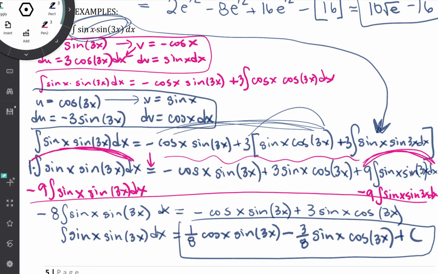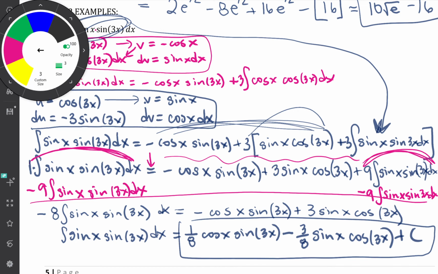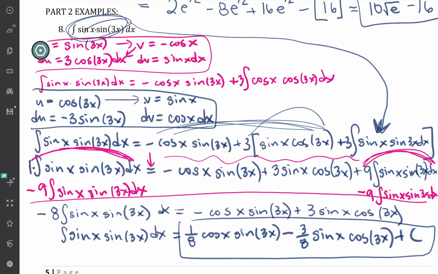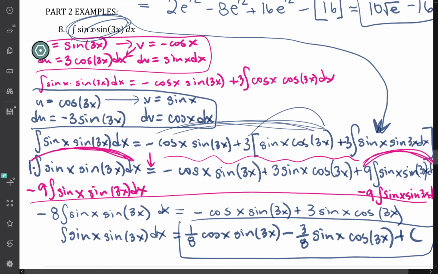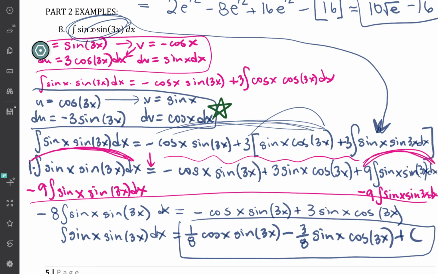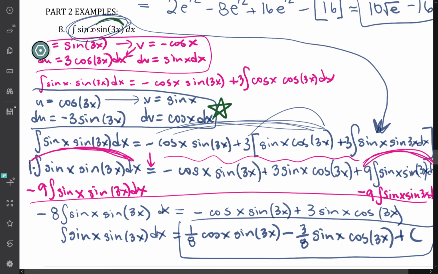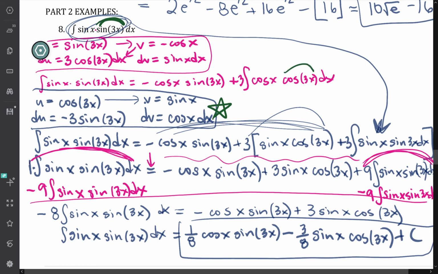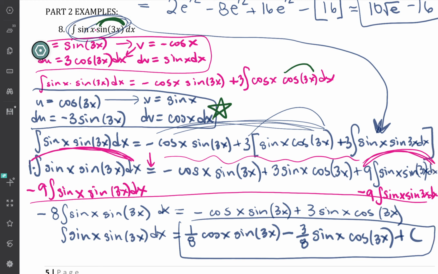Let me point out one other thing as well. This right here, it was really important in that step that we stuck with the same part for u. So I started with the sine of 3x, and on the second step I could have, instead of choosing the cosine 3x, chosen the cosine x, but that would be bad.